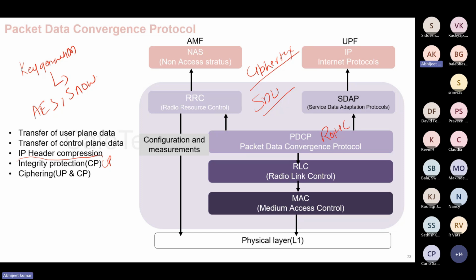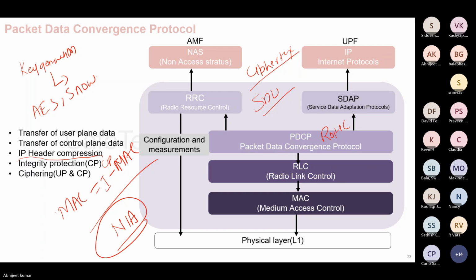That is a message authentication code, MAC. If the MAC matches, then only the integrity check passes. You have different kinds of integrity algorithms in 5G, like NIA. Maybe you know this terminology. So this algorithm they are using.